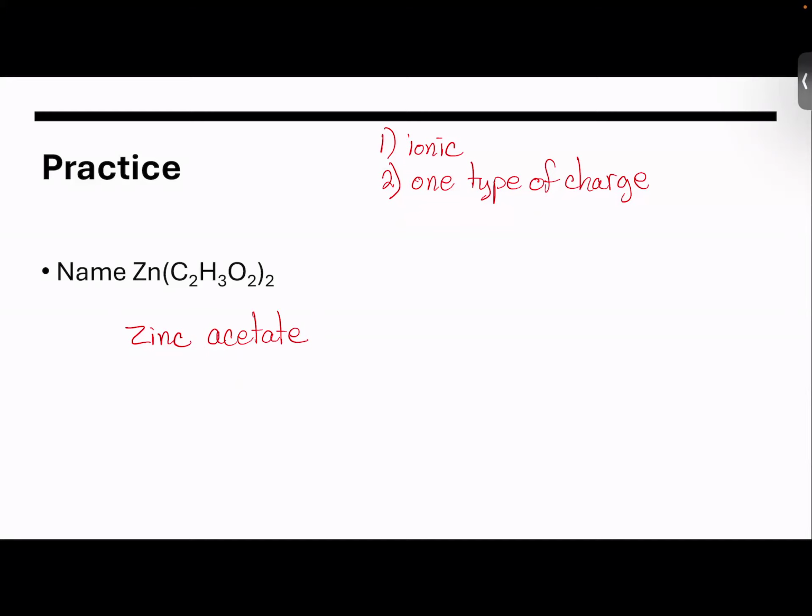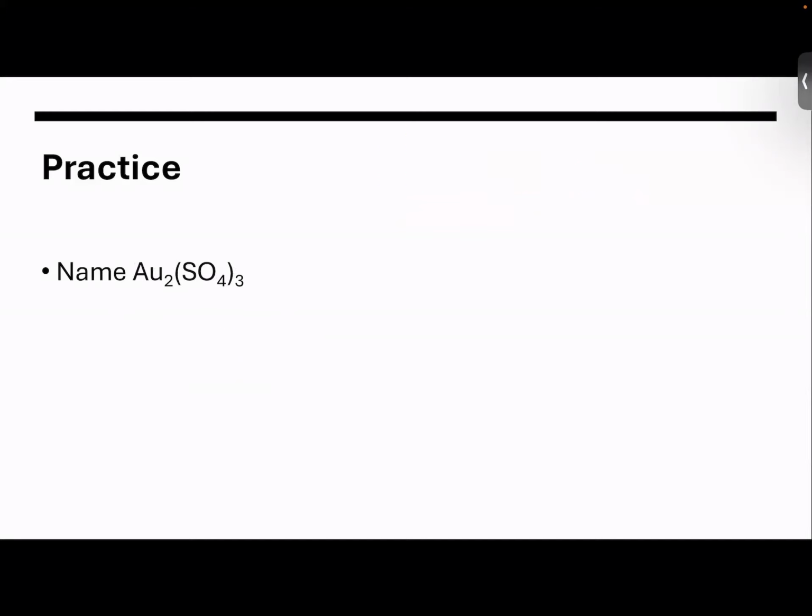Let's look at another example. Okay, I'm going to start. It's ionic. Now, one type of charge or more than one type of charge? More than one.